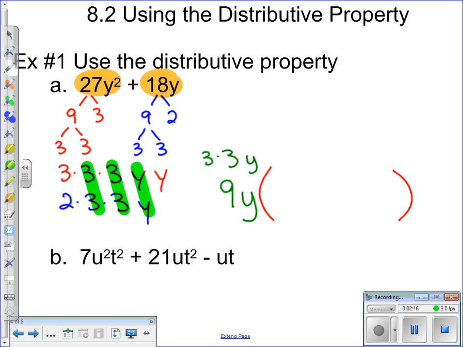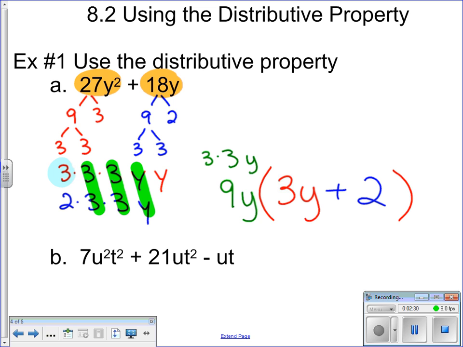And the answer is 3y plus 2. And in case you didn't notice, what I didn't highlight over here was a 3y and a 2.